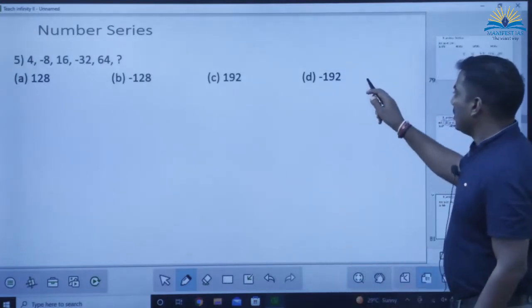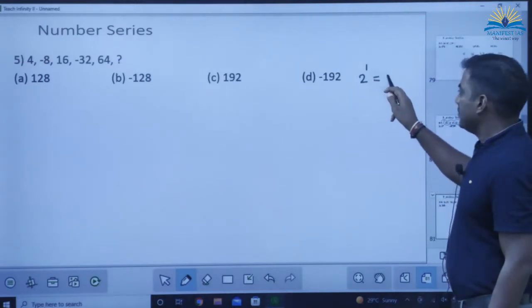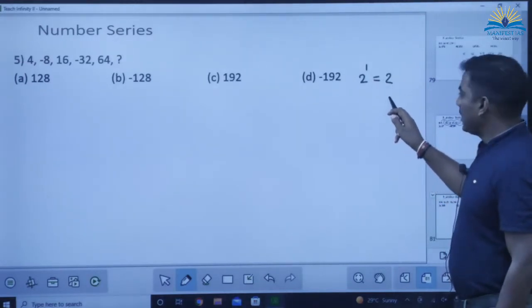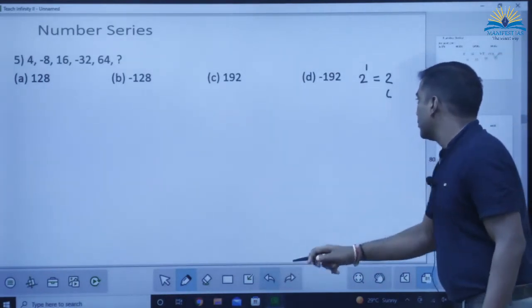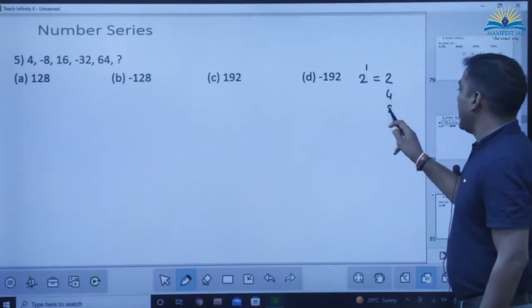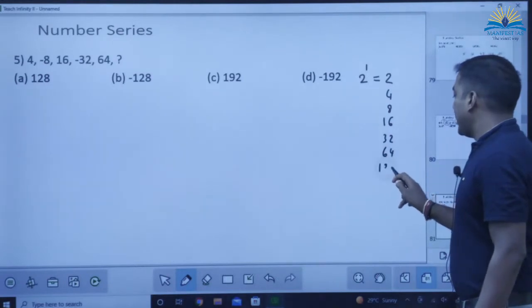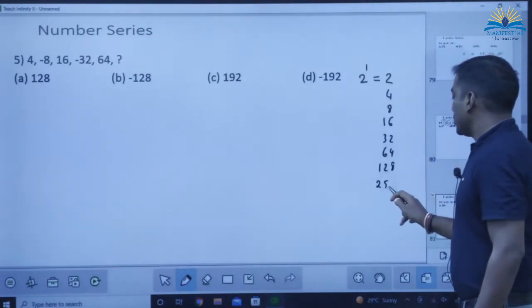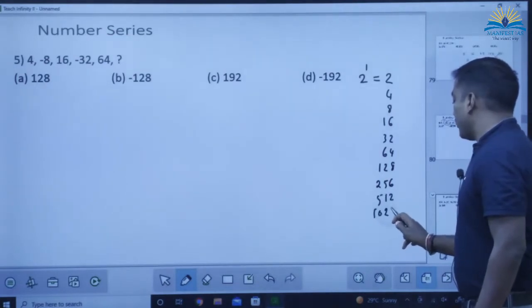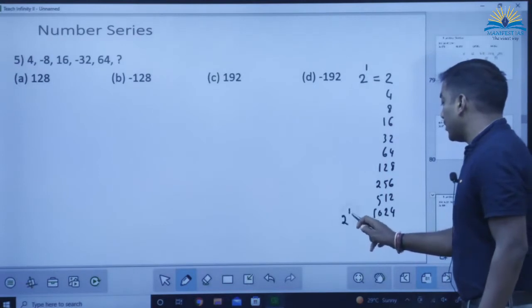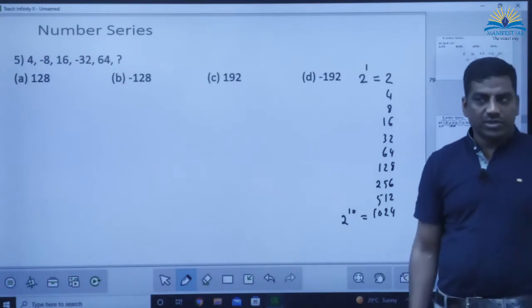There you also write the powers of 2. 2 to the power of 1 is 2, like that. 8, 16, 32, 64, 128, 256, 512, 1024. So this is 2 to the power of 10. Write them somewhere. They are going to help you.